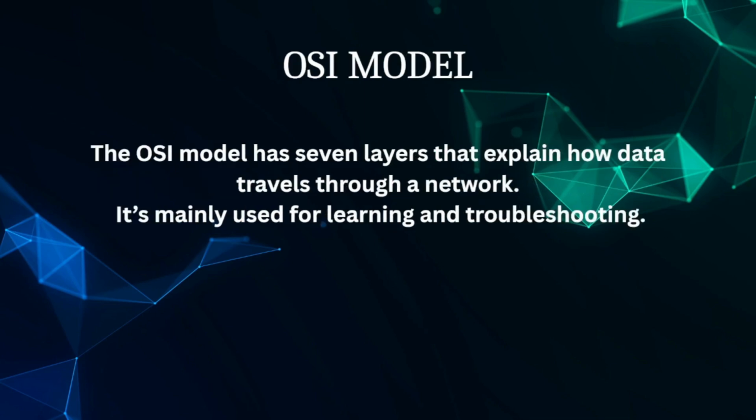OSI model, a conceptual framework used to understand and implement network communications by dividing it into 7 layers. The OSI model helps in troubleshooting network issues by understanding how data flows from one layer to another, from physical transmission to application use.